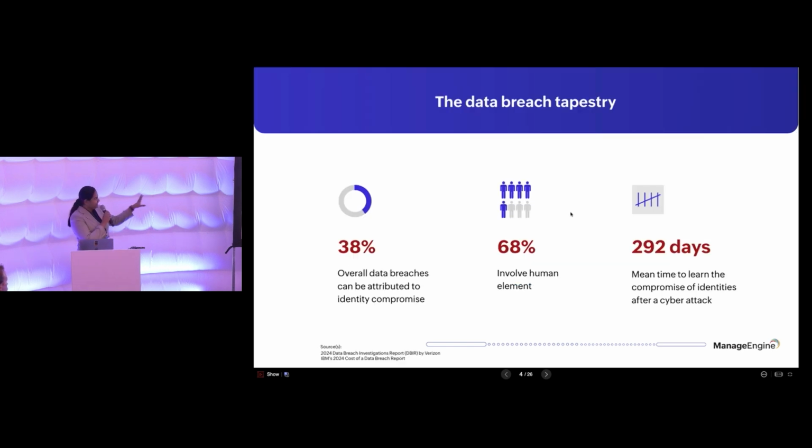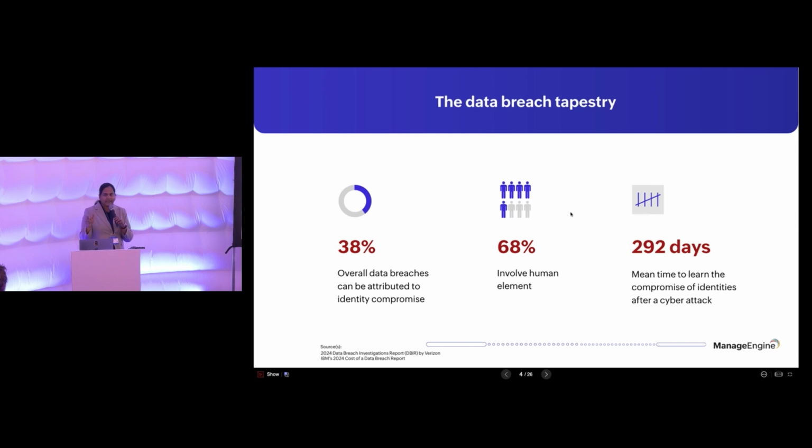So looking at the data breach stats today, 38% of overall cyber attacks concern only lost and unmanaged credentials, right? Of which 68% of cyber attacks involve some form of human element, which could be either human error or malice or just plain ignorance, negligence.